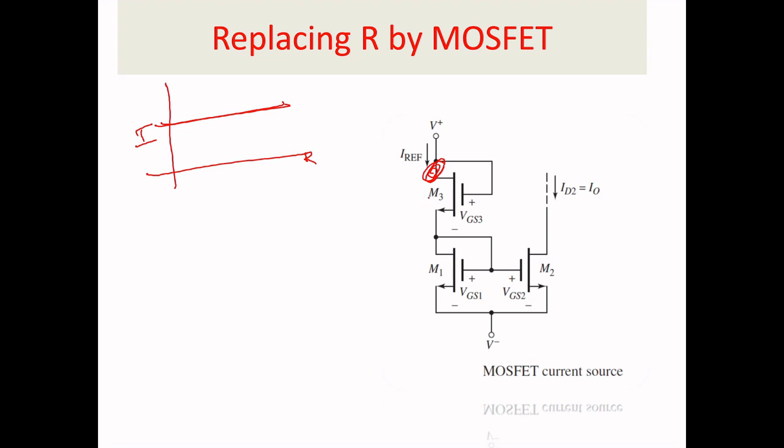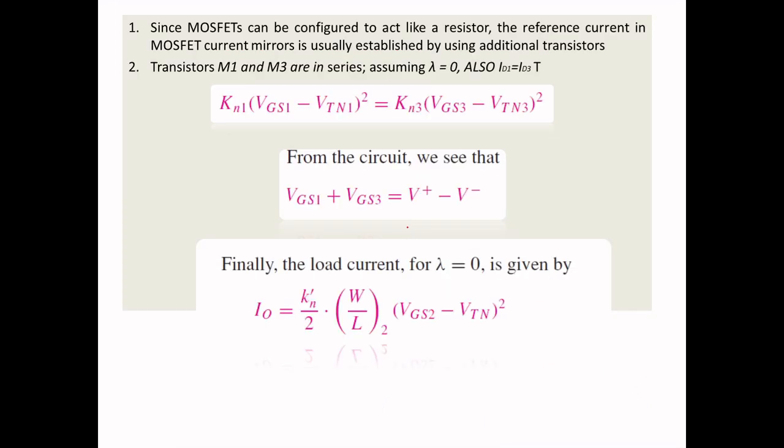Here you can see M1 and M3 connected in series. We are taking the output at the M2 transistor. When both are connected in series, both transistors are the same, this is for the M1 transistor and this is for the M3 transistor.